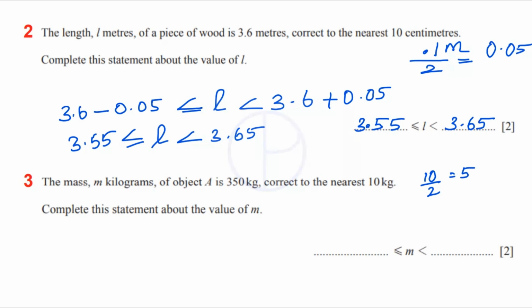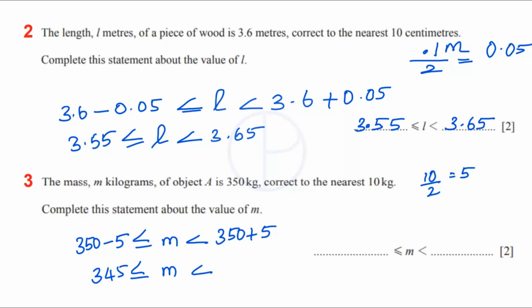So add and subtract 5 with 350. 350 minus 5 less than or equal to m less than 350 plus 5. So 345 less than or equal to m less than 355.